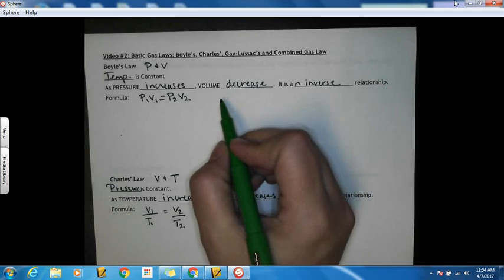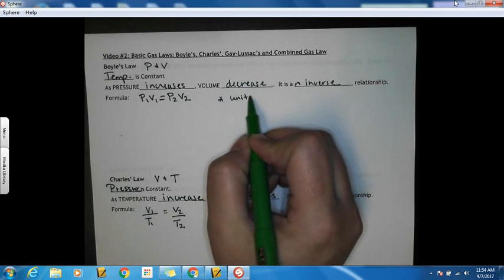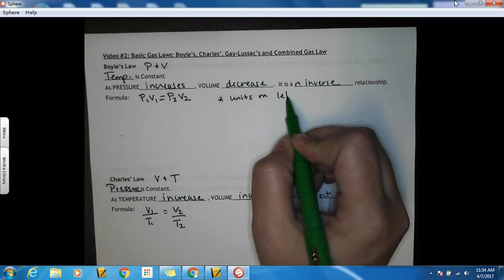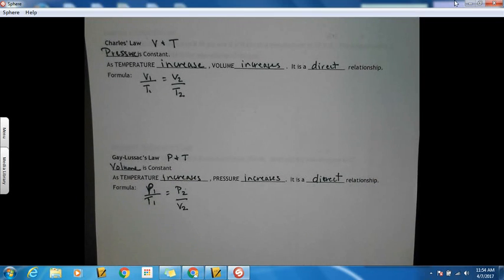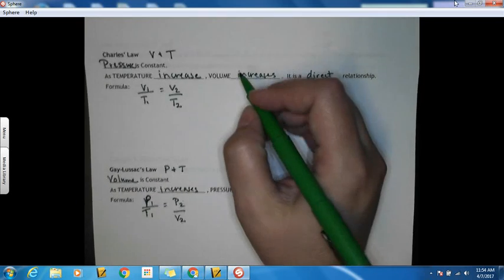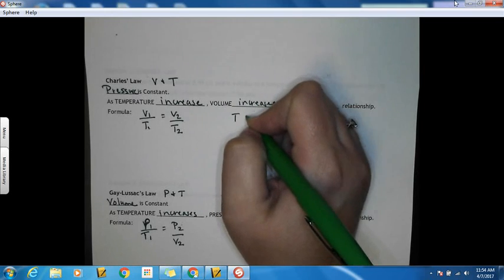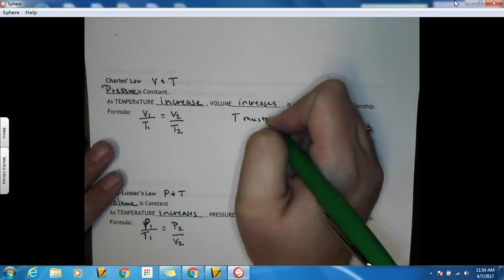Now, some things we have to pay special attention to: one, that our units on the left and the right are the same, which means we have to have the same units of pressure on both sides and the same units of volume on both sides. For Charles' law and Gay-Lussac's law, we also have to have the same units on both sides, but our temperature must be in Kelvin.